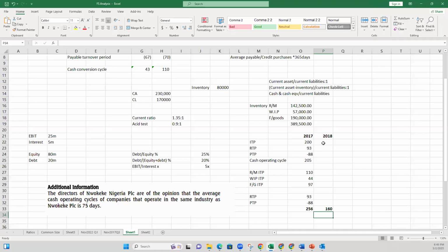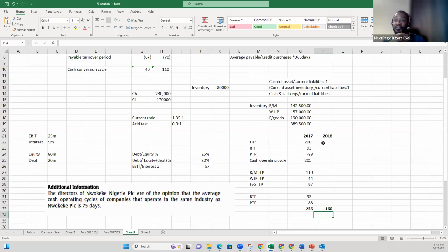Well, even though their cash operating cycle has improved, it is still above the industry average. So when compared to the industry average, UNWOKK still has a long way to go in ensuring that they are able to convert their working capital faster, if possible, even below the industry average.